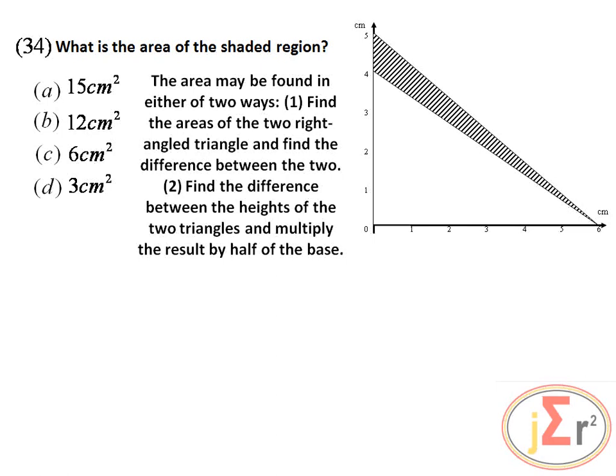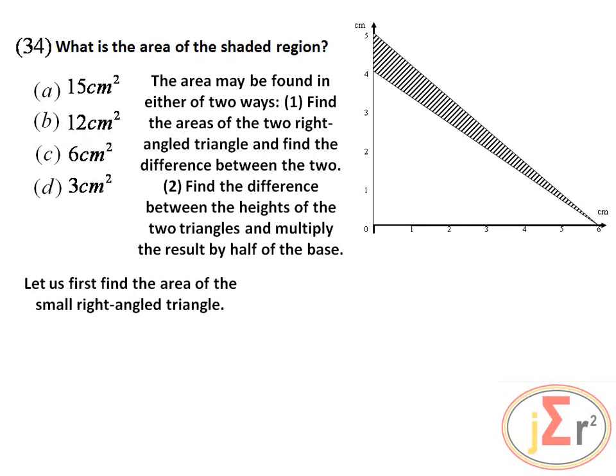So we can find the area of this right-angled triangle, the small one that we see here, and then the area of the large one that we have right here. Right? And then find the difference between the 2 of them. Or we may find the difference between the heights of the 2 triangles and multiply the result by half of the base. And let's see why we are able to do that.